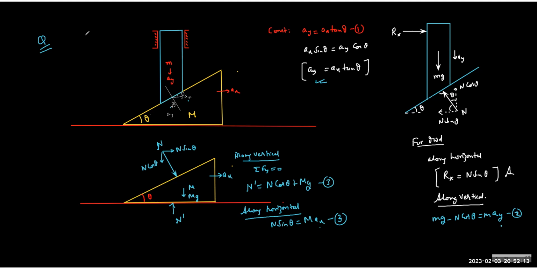Done? Yes. Siddhant? Yeah, Rugved, tell me what you're getting. The N value, the normal reaction. Small m into capital M g cos theta, upon M sin square theta plus m cos theta.